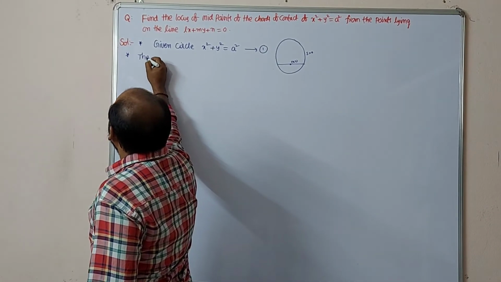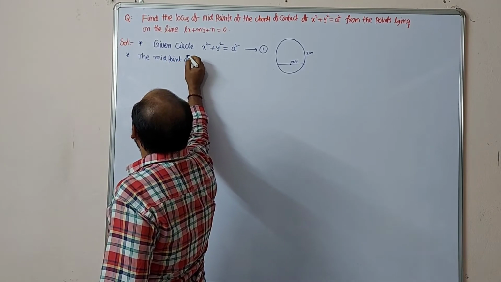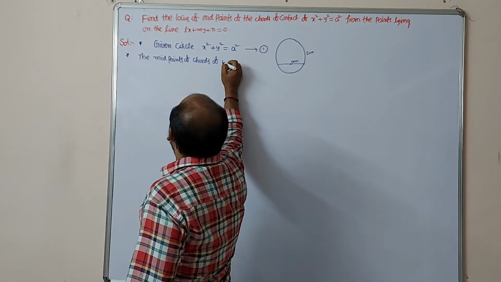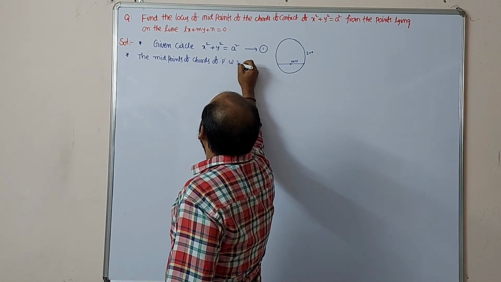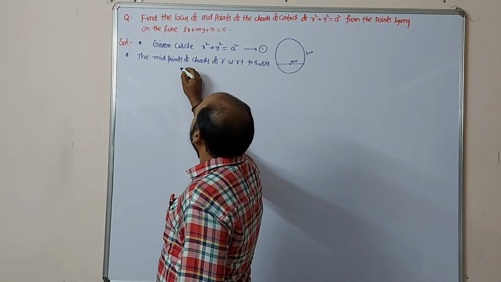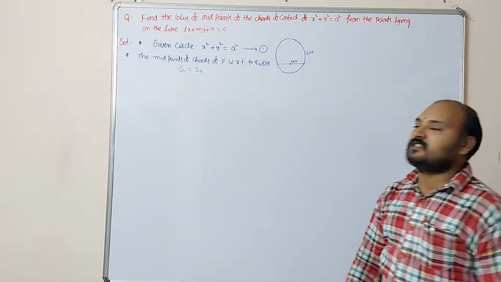The midpoint of chords, the midpoints of chords of P with respect to equation 1 is S1 is equal to S11. This equation is S1 equal to S11.